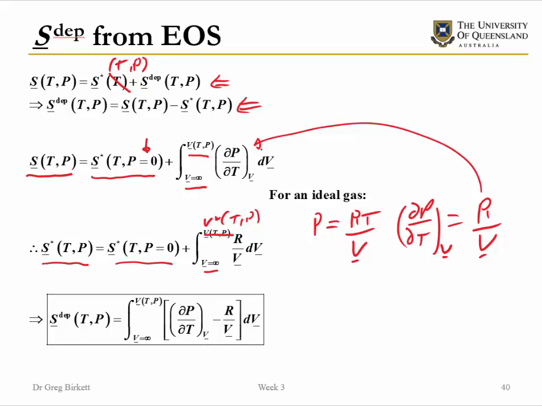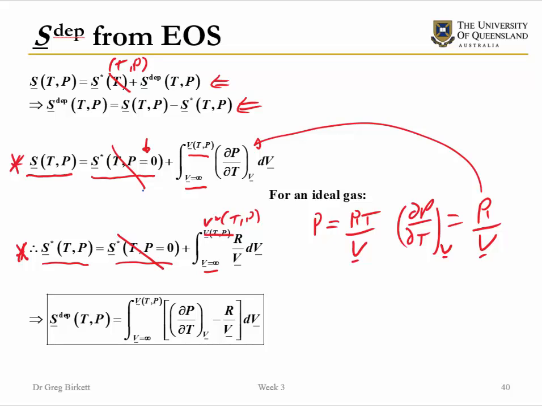Now if I take this equation away from this equation, the two terms at low pressure or zero pressure cancel each other out, and I'm just left with the terms in the integral.